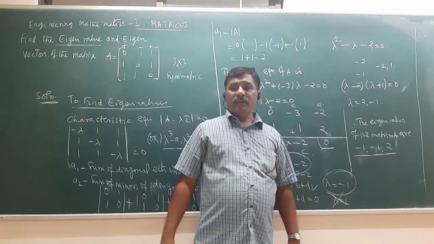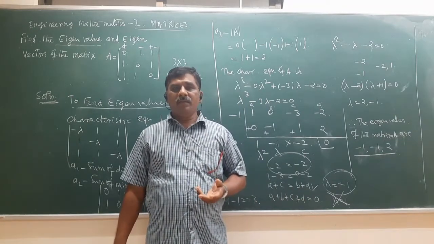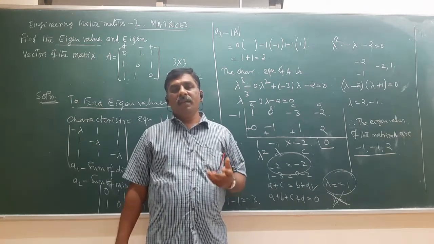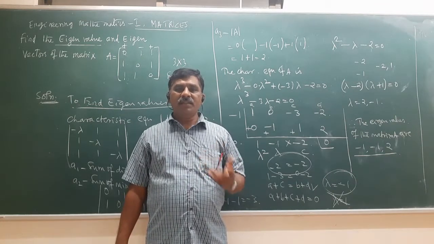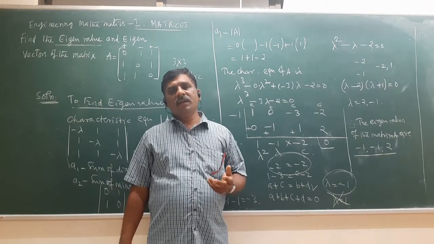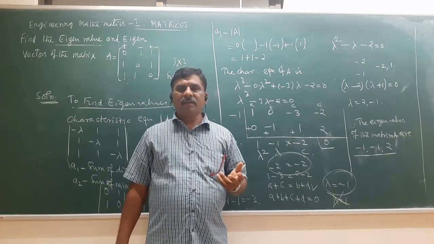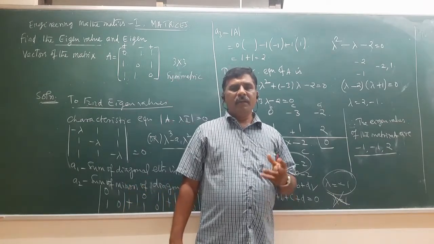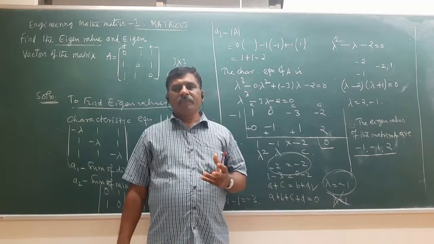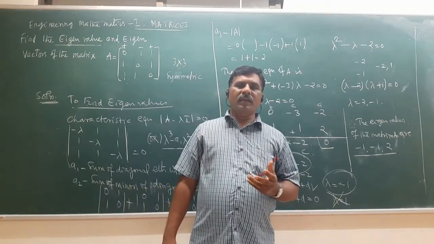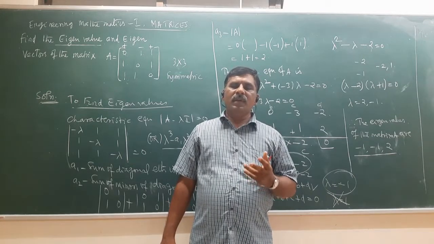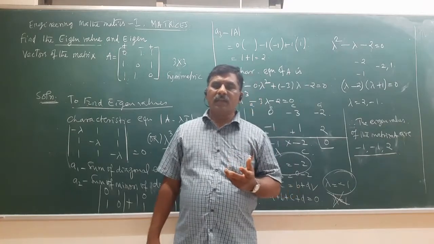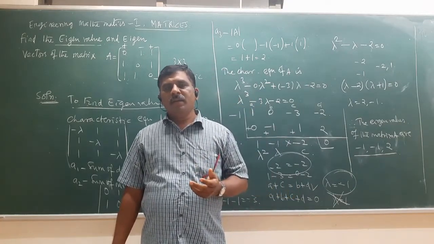In the last class we have found the eigenvalue. When all the eigenvalues are not repeated, that means when all the eigenvalues are distinct, then the eigenvectors are linearly independent. It is one very important point. When all the eigenvalues are distinct or different, then the eigenvectors are linearly independent.